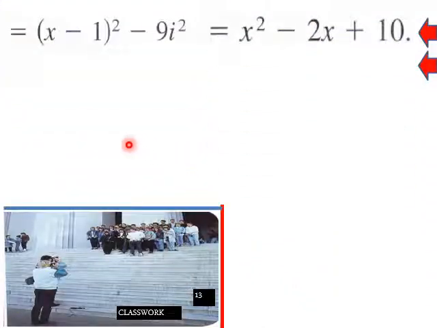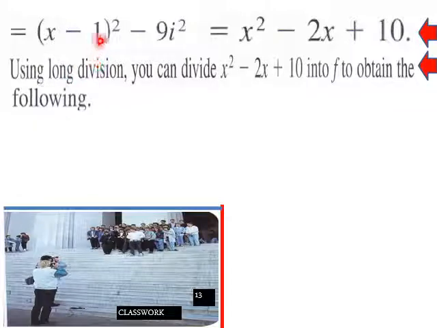And then when we hash that out, we come up with (x minus 1) squared minus 9i squared. When we square this, we get 9i squared, and we know i squared is negative 1, so negative 1 times negative 9 is positive 9. And then the x minus 1 squared, when you multiply that out, becomes x squared minus 2x plus 1.